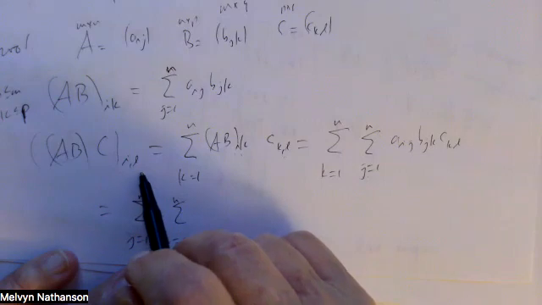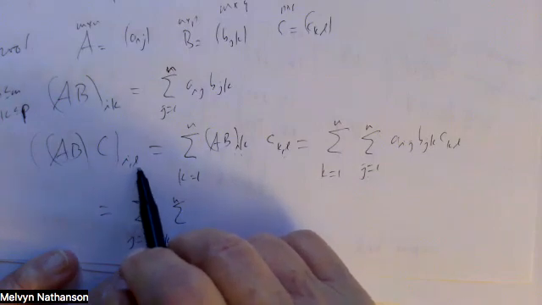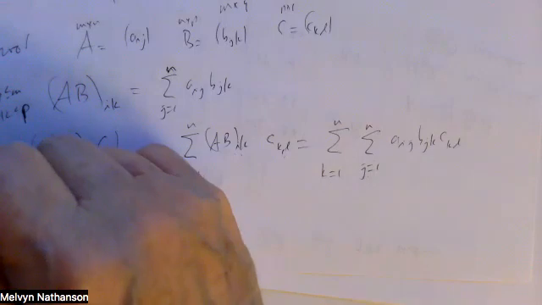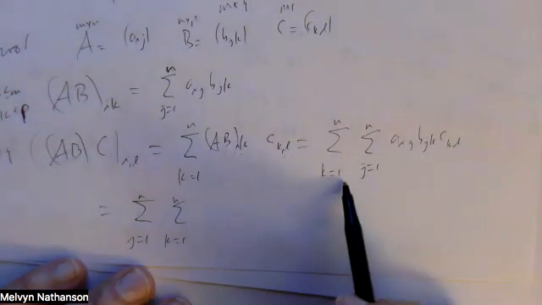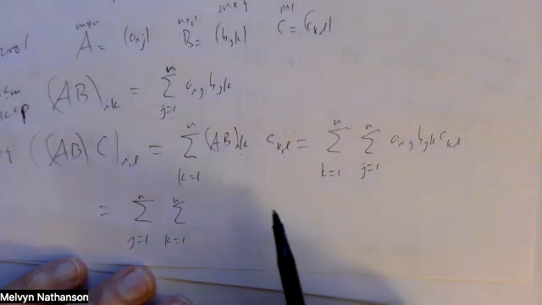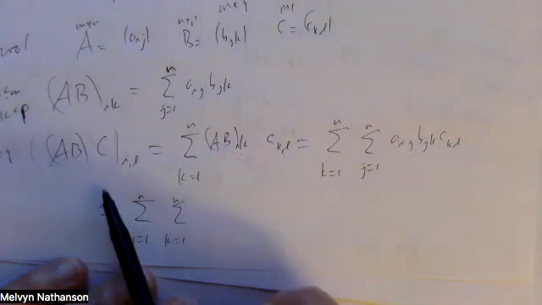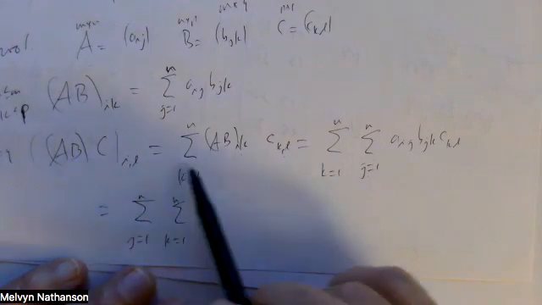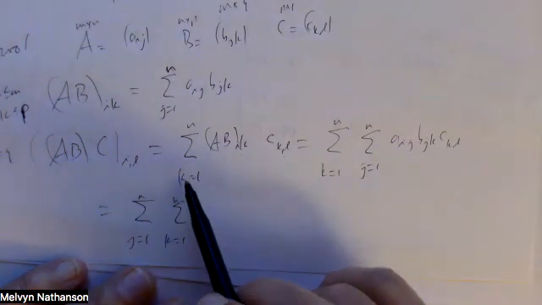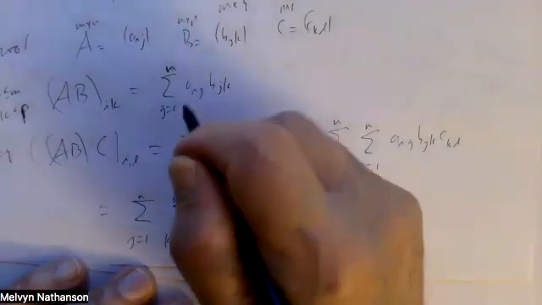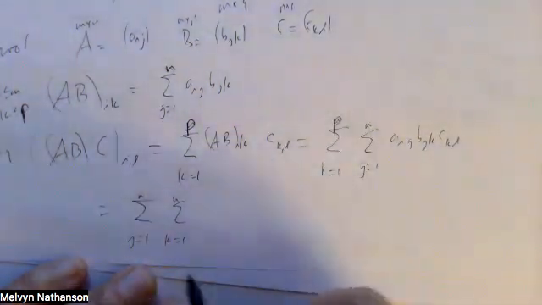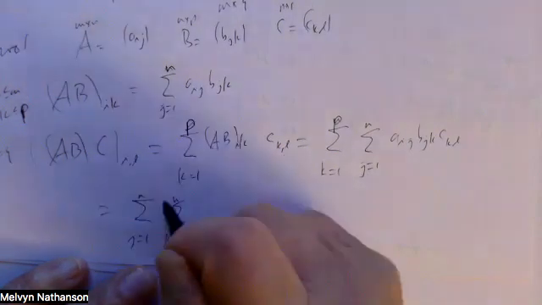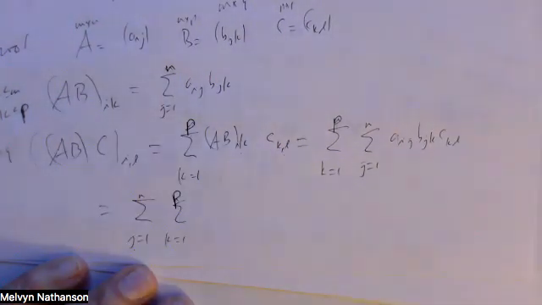And il: i goes from 1 to m, and l goes from 1 to q. So if I interchange coordinates, AB sub il is summation, k goes from 1 to p. That's what it is. k goes from 1 to p. j goes from 1 to n. k goes from 1 to p.